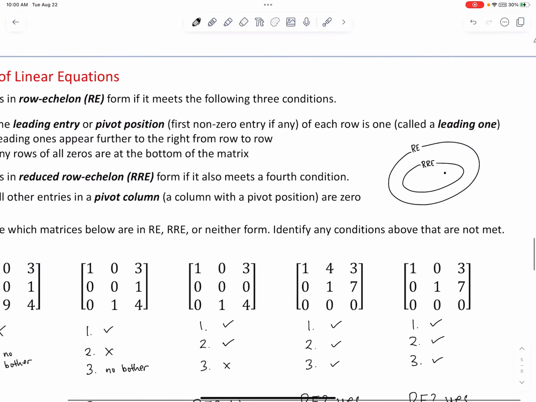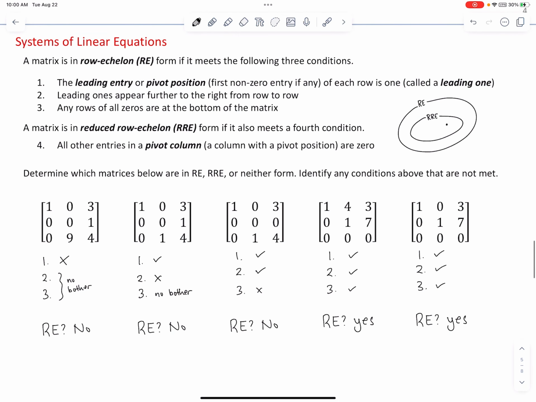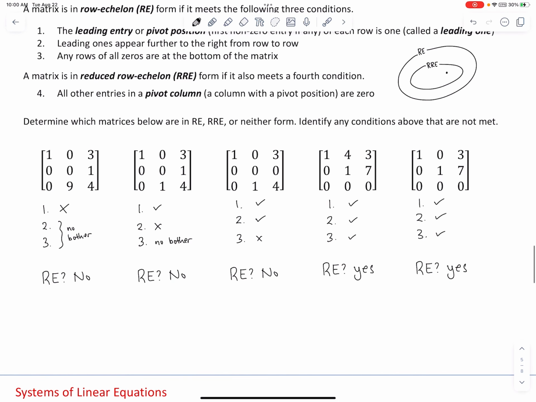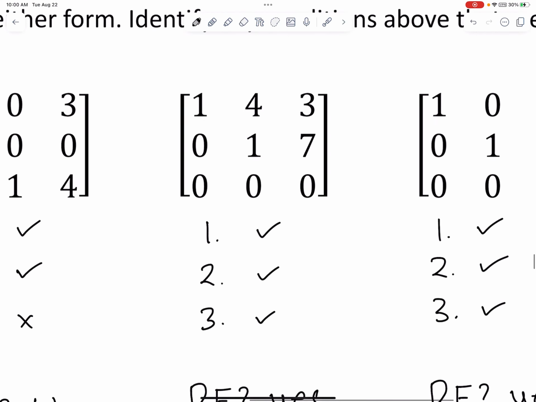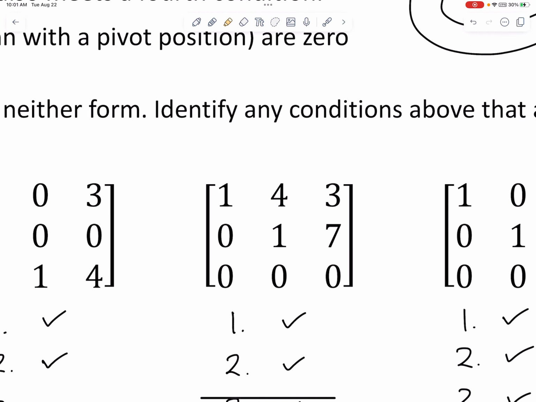All right, so only two matrices of these five are in RE form, the last two. So let's just focus on those and talk about condition 4. Looking at this matrix here, I'm going to highlight the pivot positions. So we had a pivot position and a pivot position. Therefore, there are only two pivot positions in this entire matrix, meaning that there are only two pivot columns.